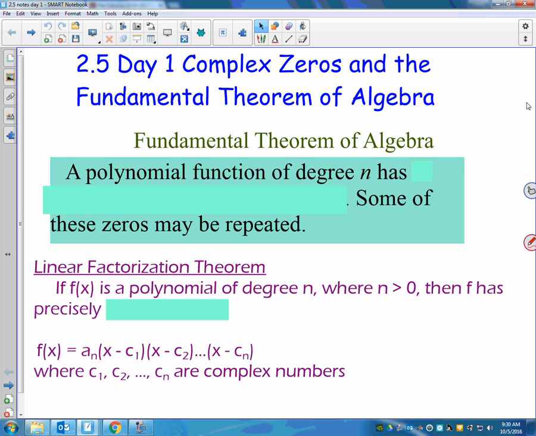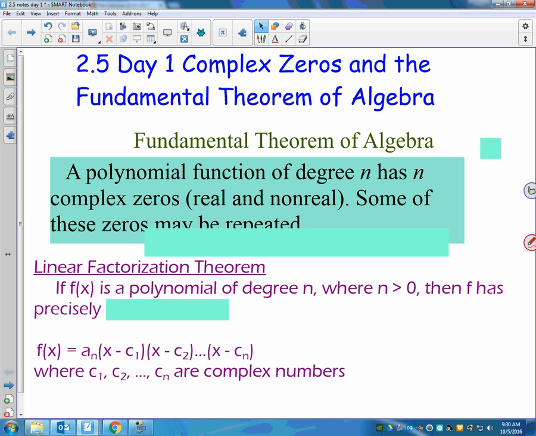So we said before that a polynomial could have no more than n zeros if it's degree n. Well, the fundamental theorem of algebra says that a polynomial of degree n will have exactly n zeros.